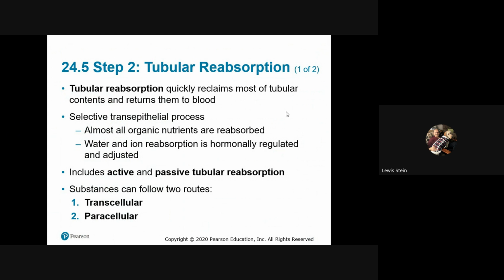All right, moving on. So the other steps: resorption can go either through the cell or next to the cell, it doesn't matter. It can be active or passive. Because of the amount of ATP, you can see all those mitochondria.